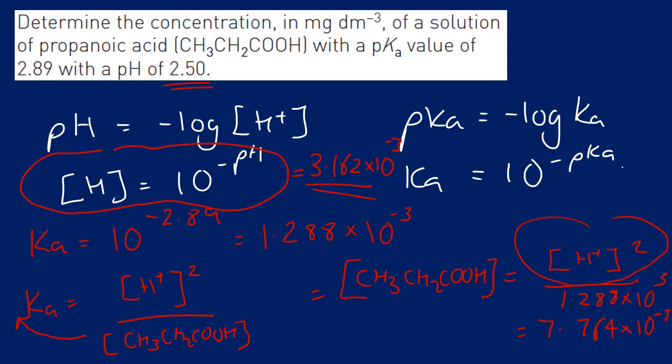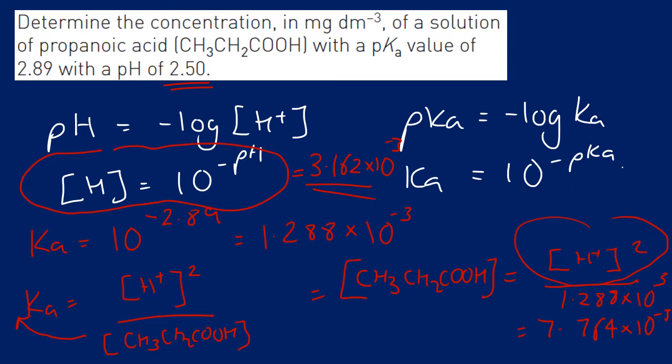And I want it in milligrams per decimeter cubed, so I've got to turn from moles to a mass. So I'm going to multiply that by the Mr: 36, 37, 38, 39, 40, 41, 42, plus 32.